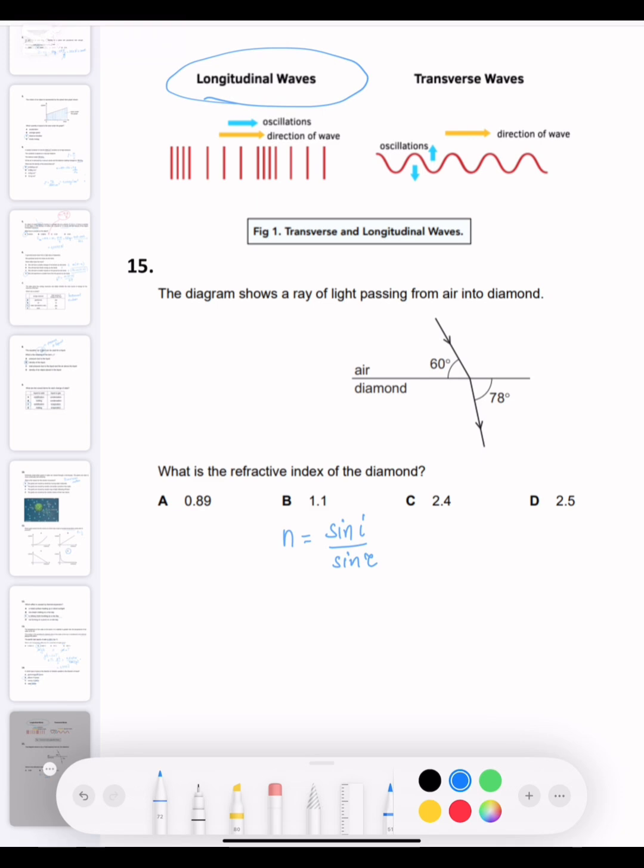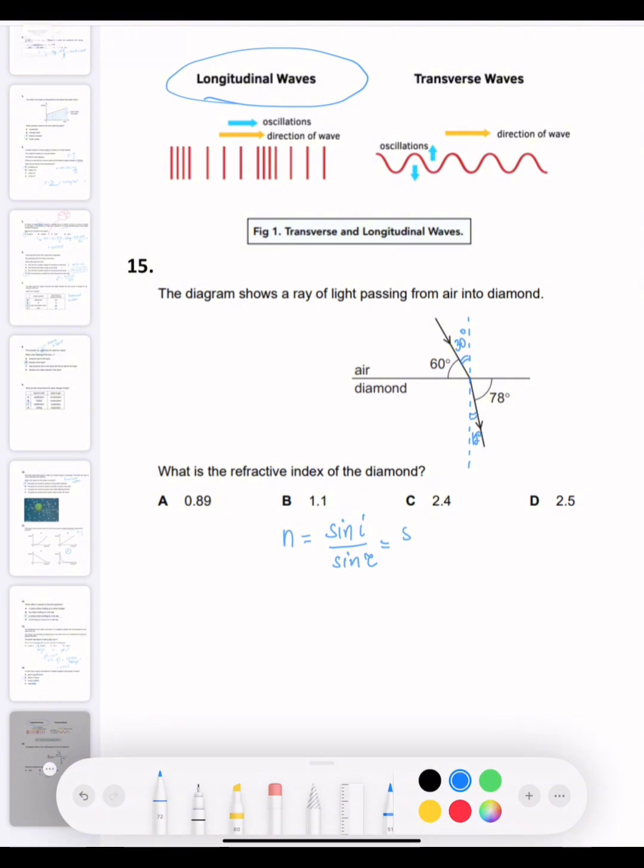Let's find the angle of incidence and angle of refraction from the figure. First of all, we have to draw the normal, because the angle of incidence is the angle between the normal and the incident ray, which is 30 degrees. And the angle of refraction is the angle between the normal and the refracted ray, which is 12 degrees.